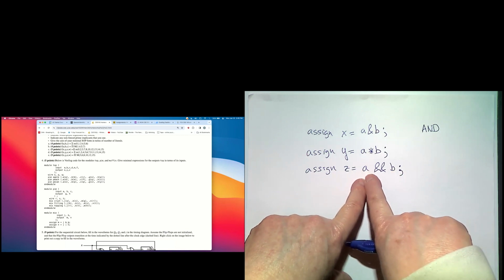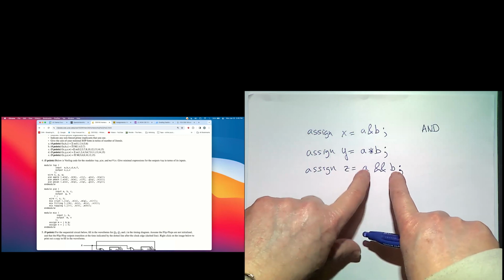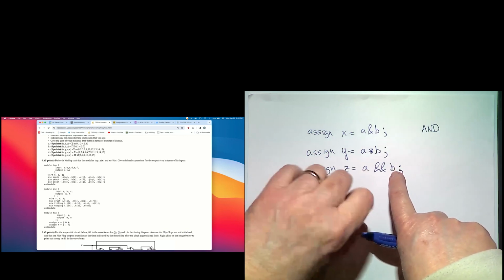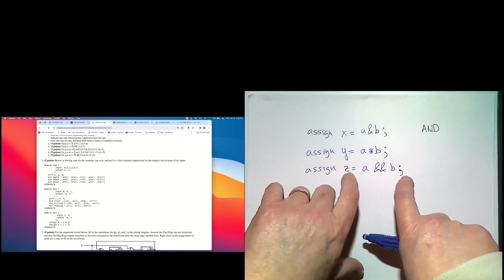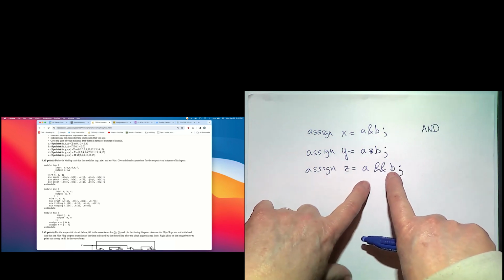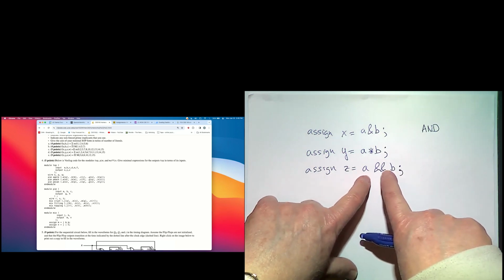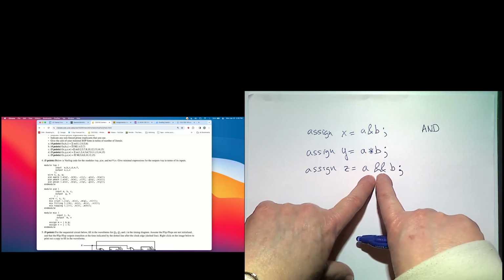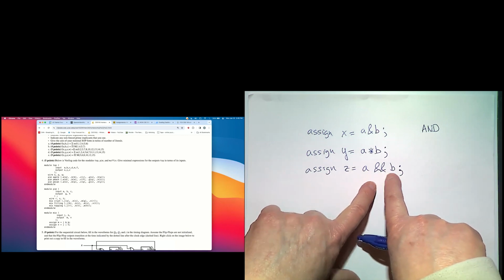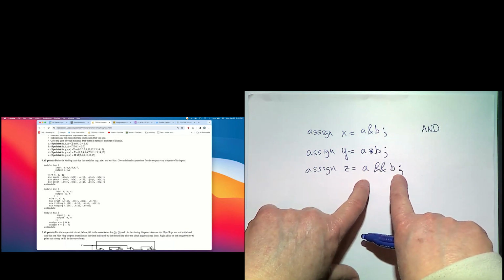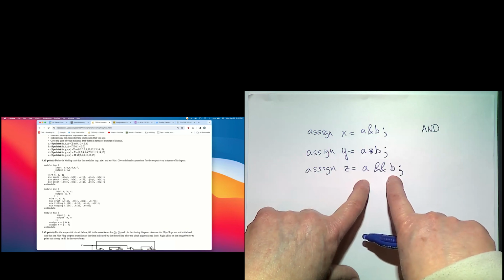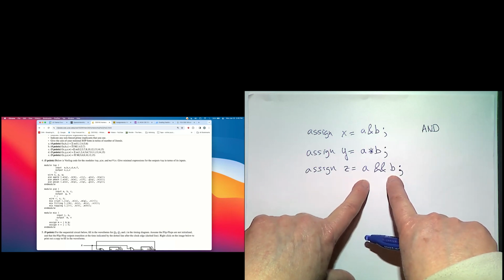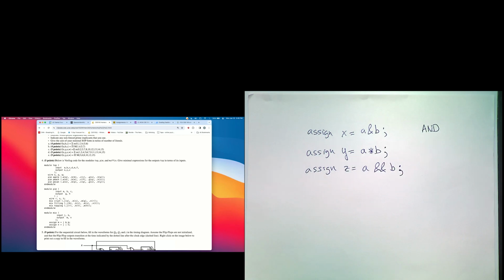If A is 0 and B is 0, then you'll get 0. But the result will be 1 if A is some vector that isn't 0 and B is some vector that isn't 0. It's not going to be the bitwise AND of A and B. It's just going to be a single bit of 1.